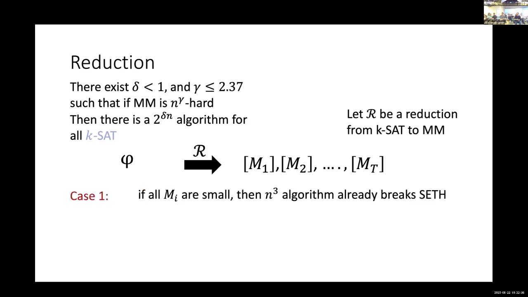Case one is that if all the matrices that my reduction outputted were small, then I could just apply my cubic time algorithm, and I get a faster algorithm for SAT. I just multiply them in cubic time. My reduction runs in less than 2 to the delta n time, so I have a faster algorithm for SAT. If my matrices were all small, then that already breaks SETH. So some of my matrices must be bigger.